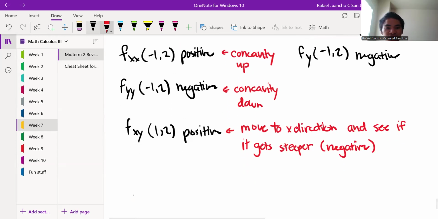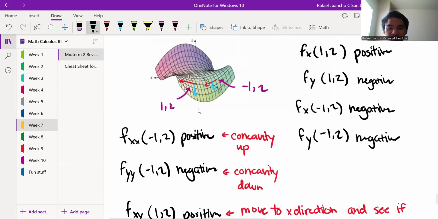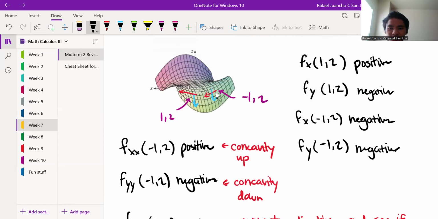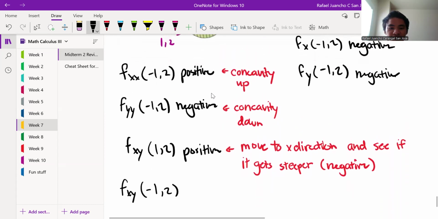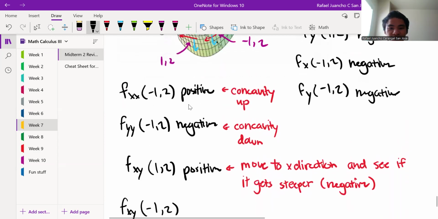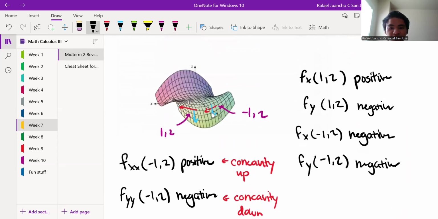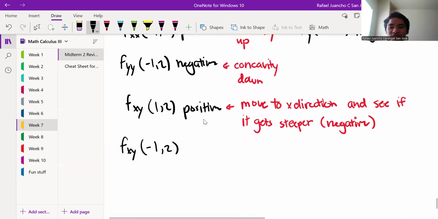Now, if I look at, let's say, f_xy of negative 1/2, 1 and 2, I look at this point, negative 1, 2. So I analyze my y. My y is going down. If I move it towards the x direction, it's still going down. It's actually getting worse.